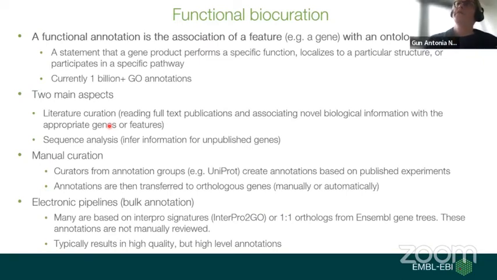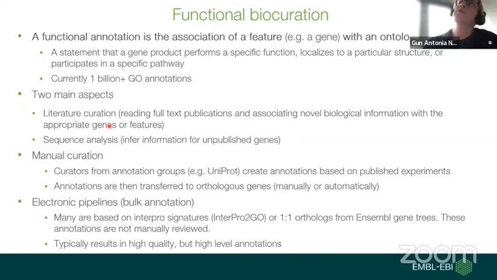So functional biocuration. Basically, as biocurators, there are 2 main jobs we can do when we work with genomes. We can either annotate features in a genome, so genes, promoters, and that sort of thing.